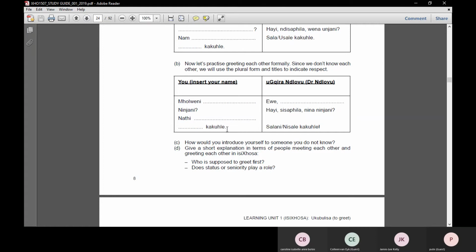So you are correct, you would say Nam ndiyaphila. But if we correct everything, it's supposed to say Nati siyaphila, as in, we are also well. Do you get what I'm saying? Yes. All right.